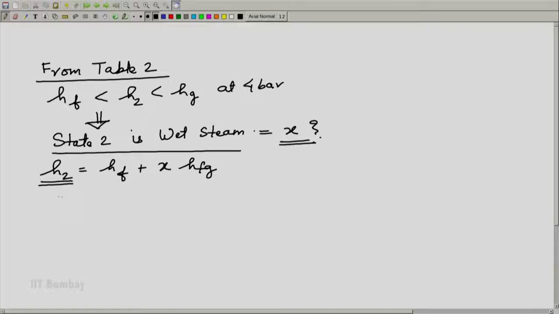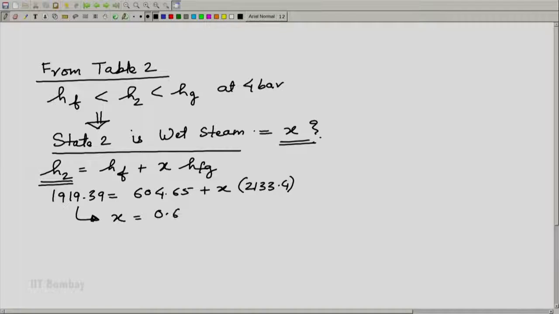I know the value of H2, which is 1919.39, is equal to HF, we know that it is equal to 604.65 plus x times 2133.4. From here we can calculate the value of x to be equal to 0.616. So we understood that the value of x is now 0.616.